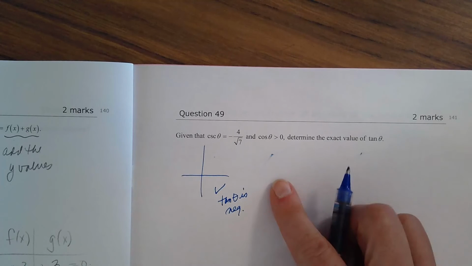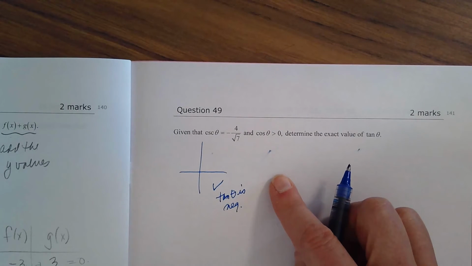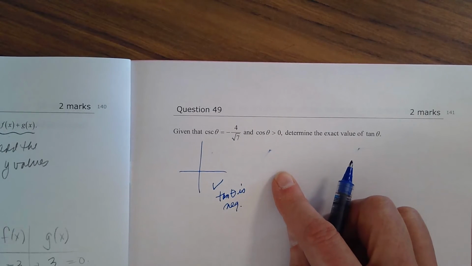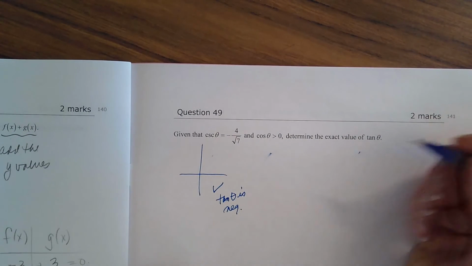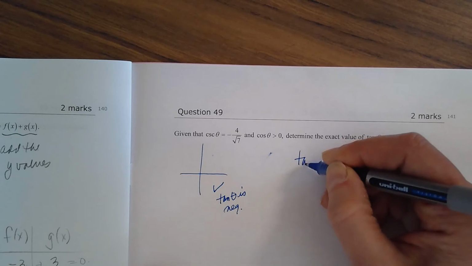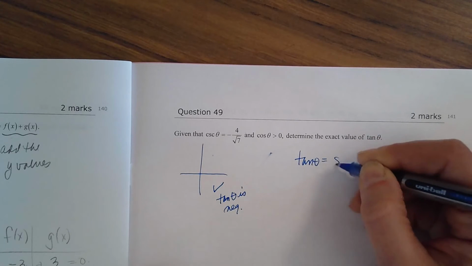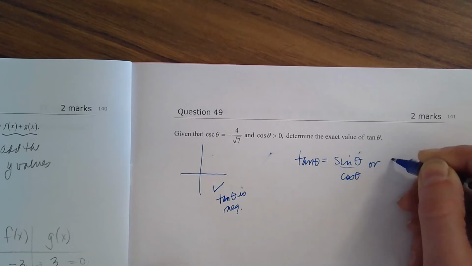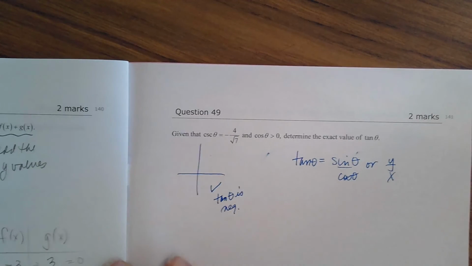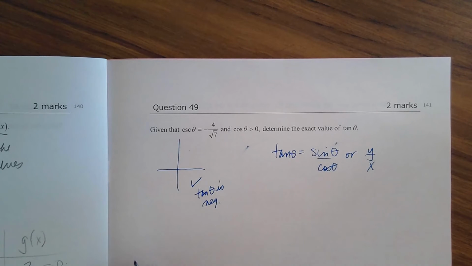All right, so how am I going to figure this out? This is a very easy question, and you did this a lot. What do you need for tan? What does tan equal? Sine over cos, right? Y over x, sine over cos, or y over x, I guess. So what did they give me here? They gave me cosecant.